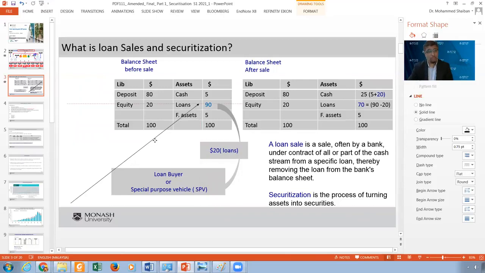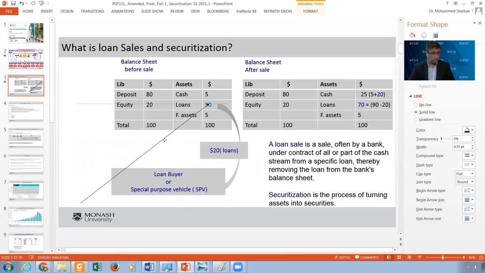If these are mortgage loans, for example housing loans, they will stay for 20 years on my balance sheet. But securitization and loan sales allow me to sell them today and use the proceeds for some other issues.